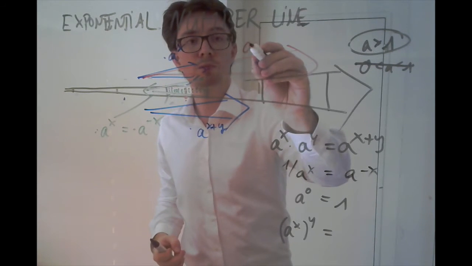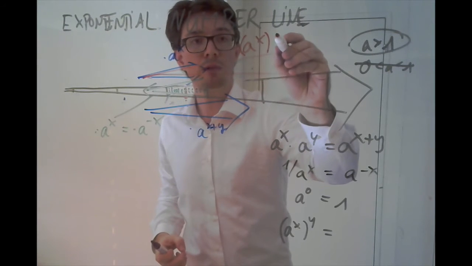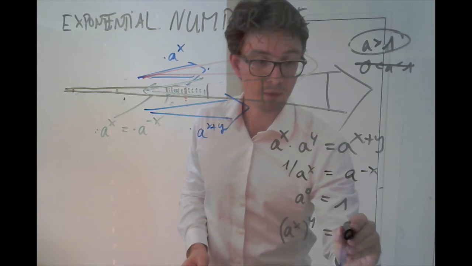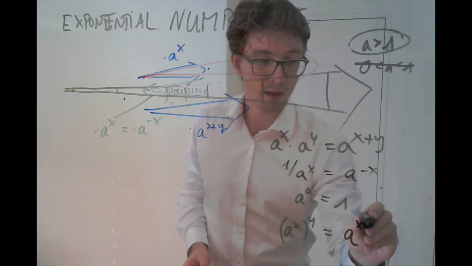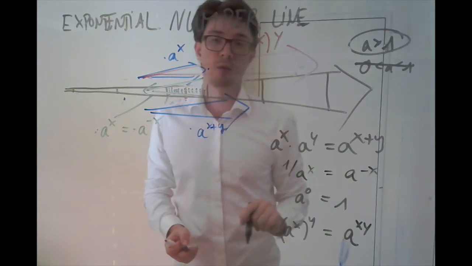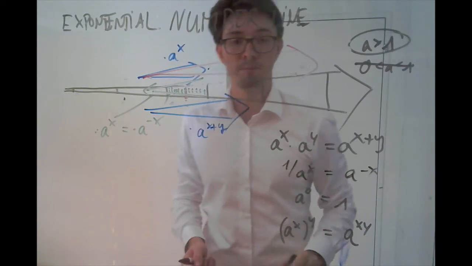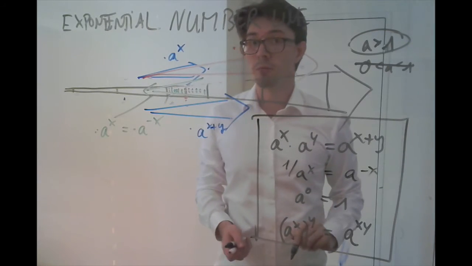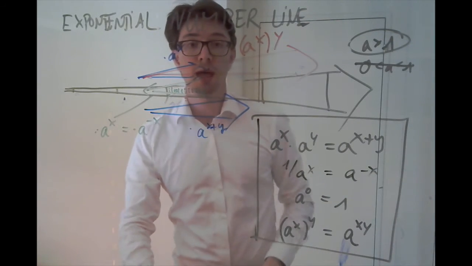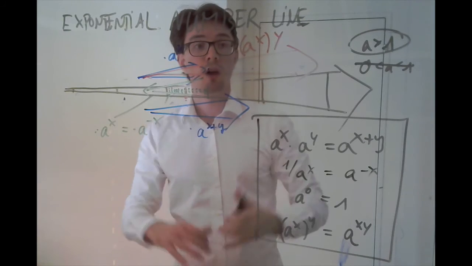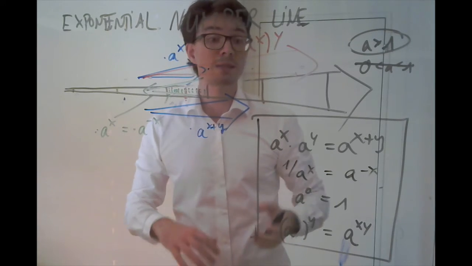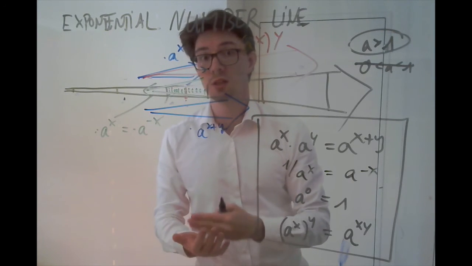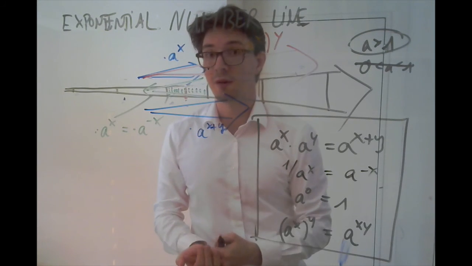Then this would be multiplying with a to the x to the y, which is the same as multiplying with a to the, and now the scale length on paper, x times y. So all the rules for powers actually have a simple geometric intuition on the exponential number line, because they are the complete analogues of our basic intuitions of addition and subtraction on the regular linear number line.